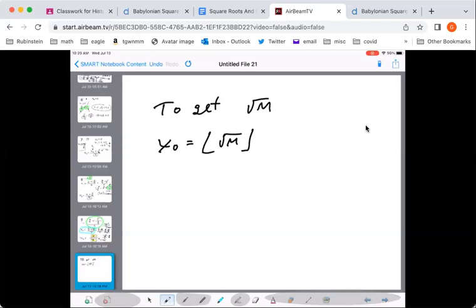And then in general, x_{n+1} is equal to x_n plus m over x_n, divided by 2. That's the formula, a recursive formula.